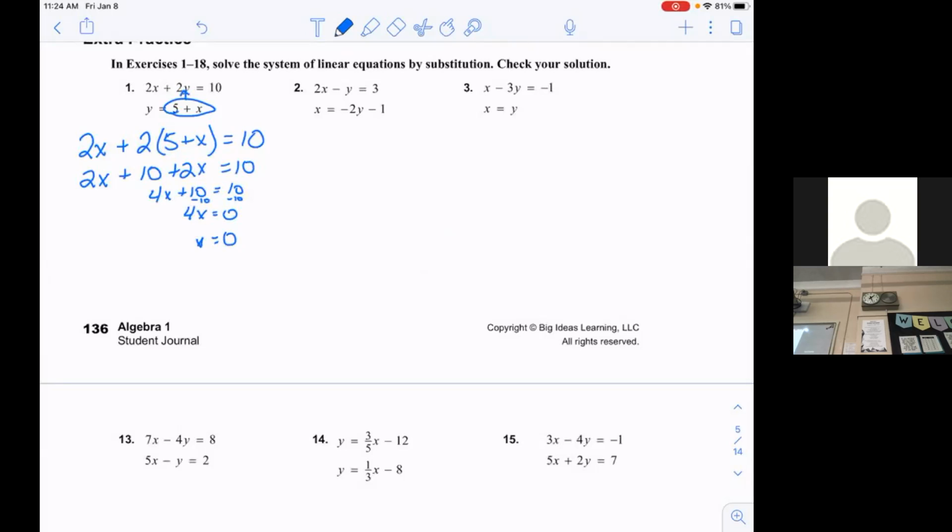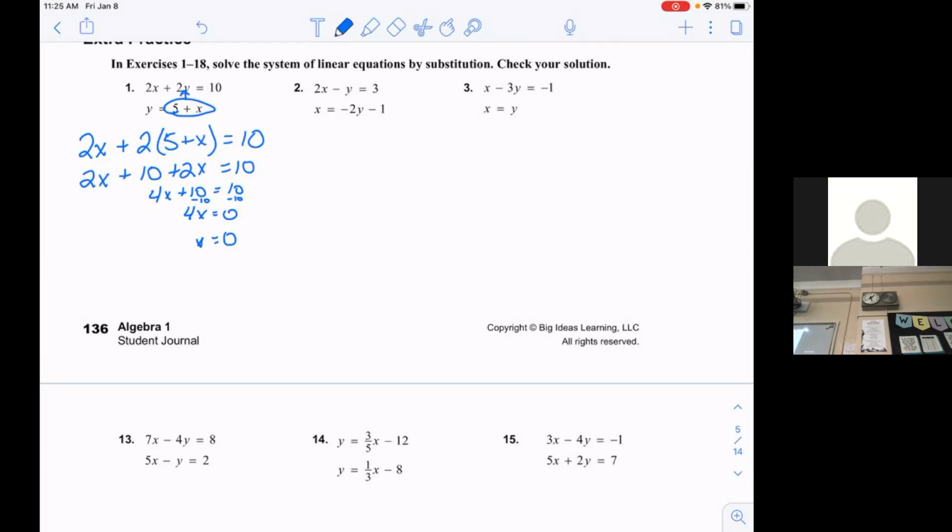We have found out that the solution for this system of equations, if I would graph these, would happen at an x value of 0 and a y value of, how are we going to find that y value? Well, we know that y equals 5 plus x. Do we know what x is? We know that x is 0.